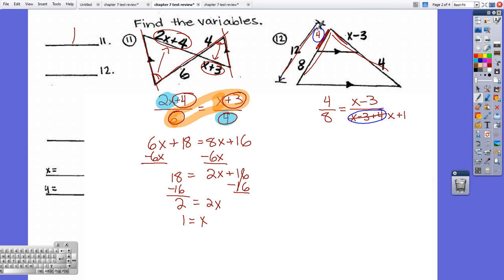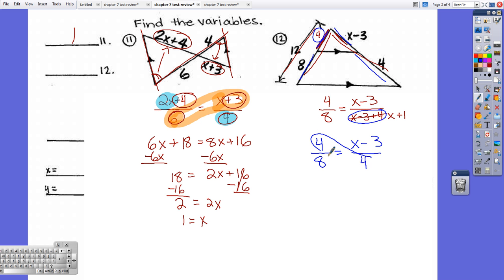I'm going to set it up. I've got the short side over the long side equals the short side over the long side. This is what we went over on Tuesday. So I'm going to set it up 4 over 8 equals x minus 3 over 4. Got you there, didn't I? 4 times 4 is 16.